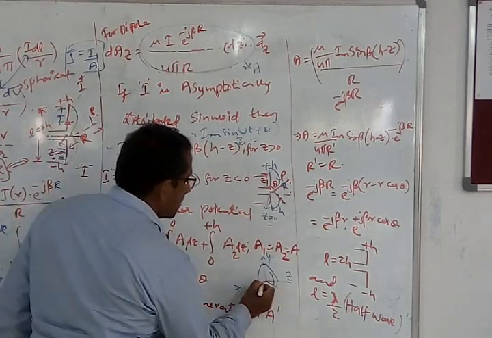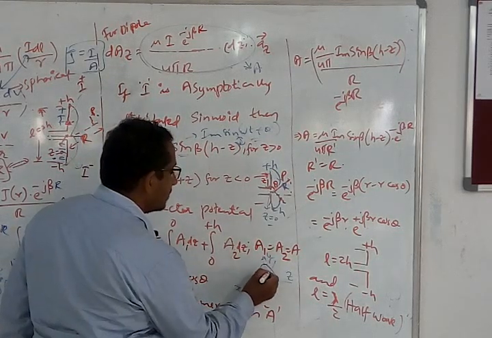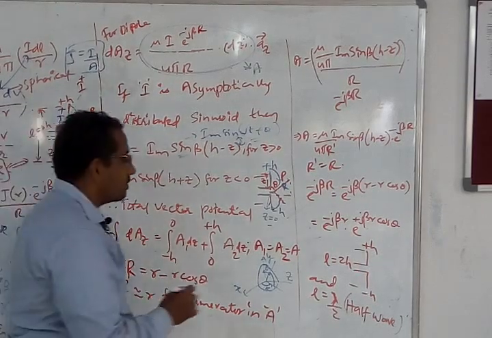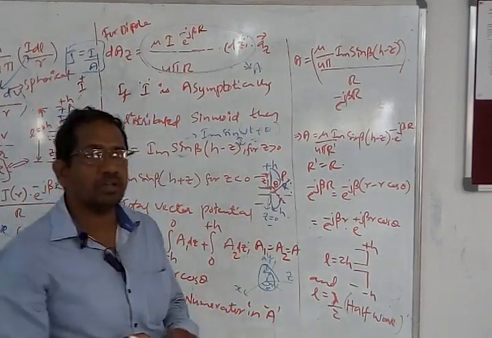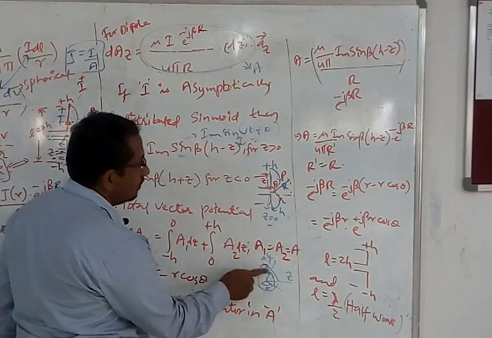Now this angle is equal to phi, and this angle is equal to theta. Please keep in mind we are representing in terms of the spherical coordinate system. So this is theta, making an angle with respect to the y axis.